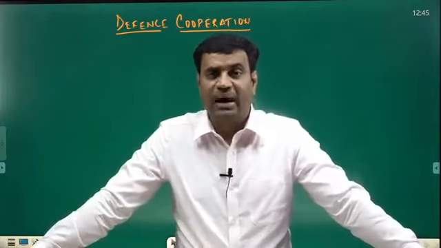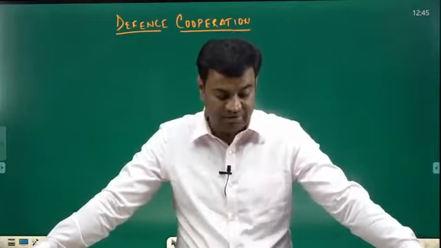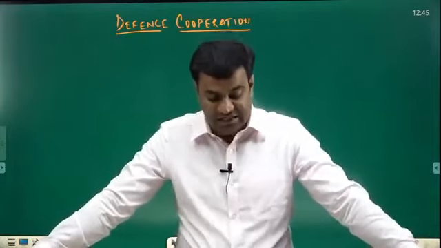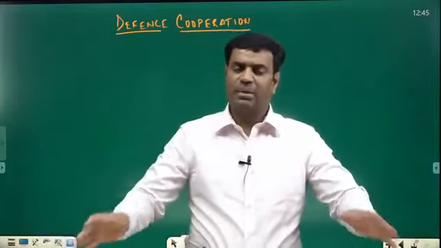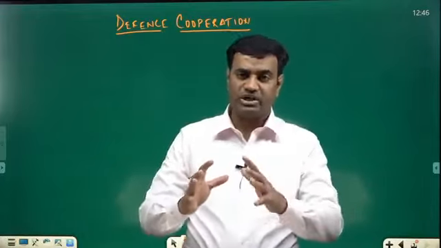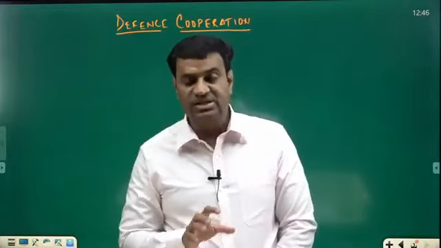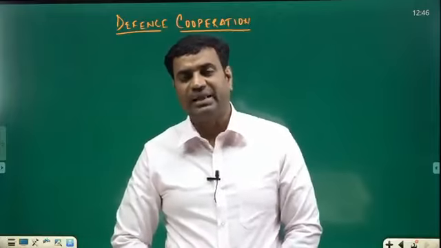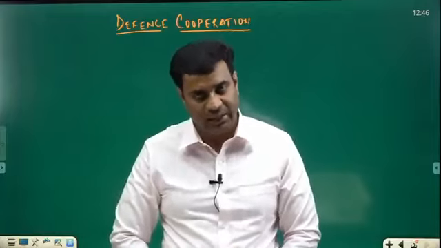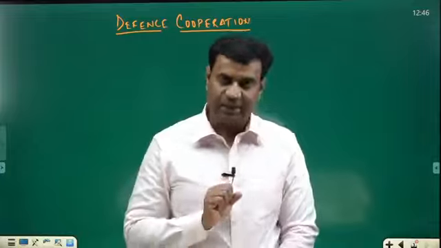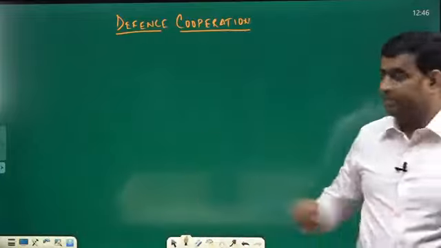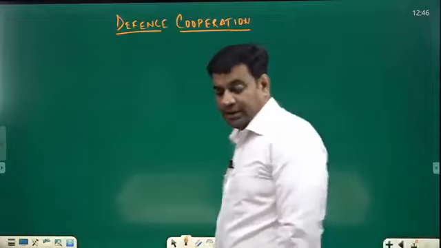It was also decided to have bilateral defense visits, bilateral defense purchases and defense exercises between the two countries. Clear? So it marked the real beginning of defense cooperation from 1995, when defense relations was accepted as a formal component of the Indo-US bilateral relationship.